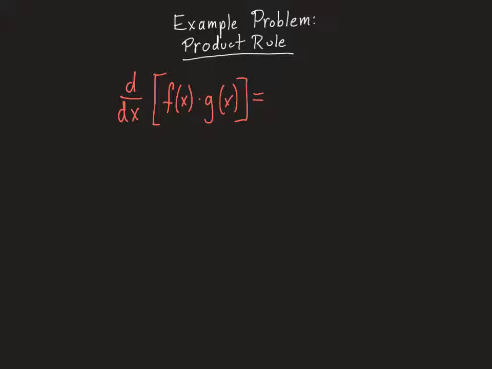And the product rule simply states that if you're trying to find the derivative of f times g, then that's going to be the derivative of f, or f prime of x, times g of x, plus the derivative of g of x, in other words, g prime of x, times f of x. In other words, the product rule states that the derivative of one function multiplied by another is the derivative of the first times the second, plus the derivative of the second times the first.